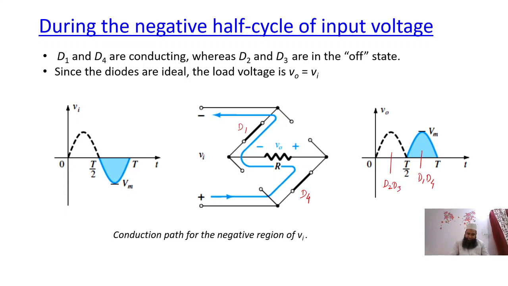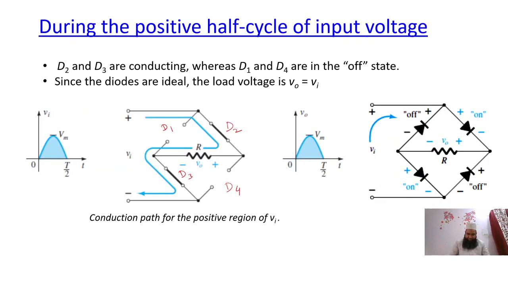We can see the direction of current during the negative cycle is this. Since this is the direction of current, we can mark this terminal positive and this negative. During the positive half cycle the direction of current will be like this.